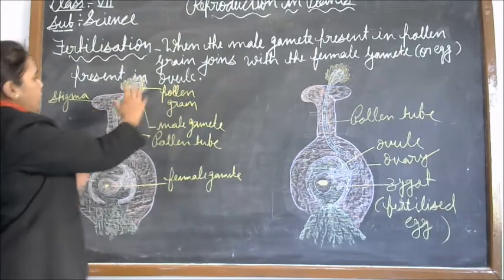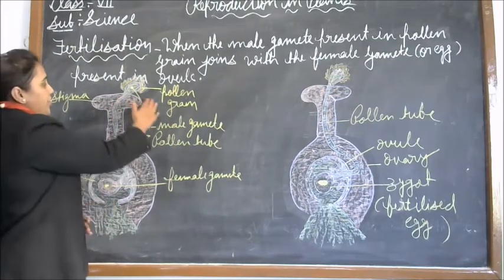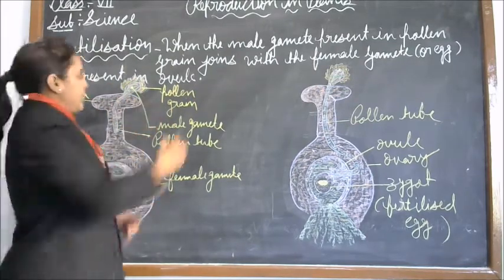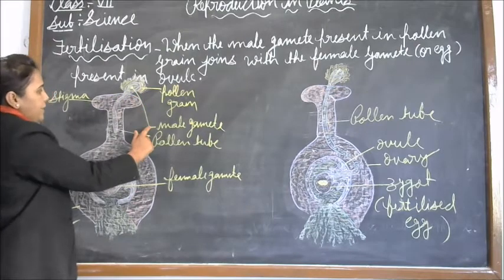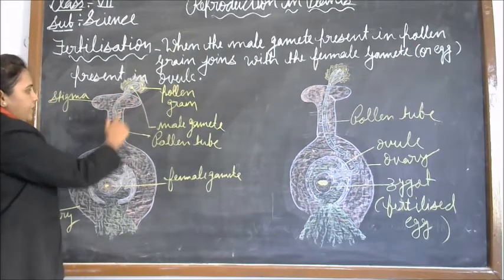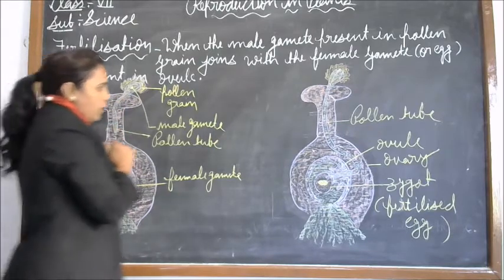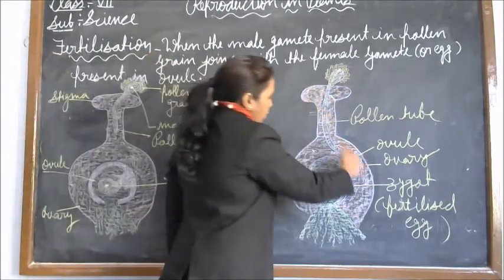After that, the pollen grain releases the male gamete. Now students, this male gamete moves downward with the help of the pollen tube.